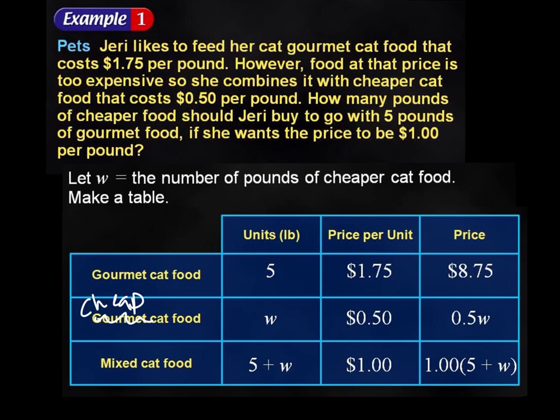To find the price of each, we're going to multiply the number of units times the price per unit.